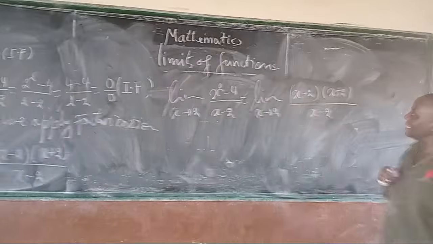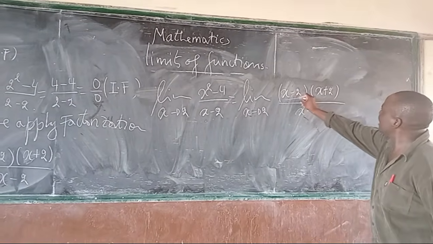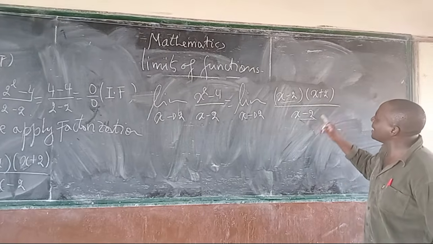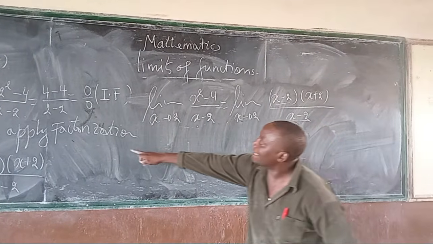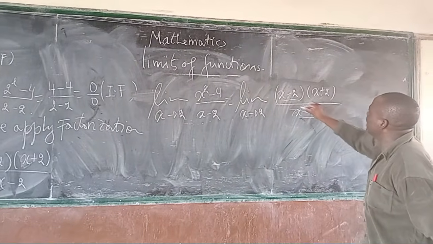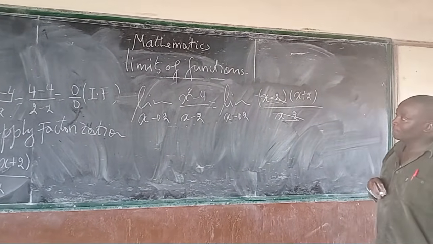As you can see clearly, the factor x - 2 is the same as this one. Then I can apply the technique called factorization. I can simplify this one and this one.